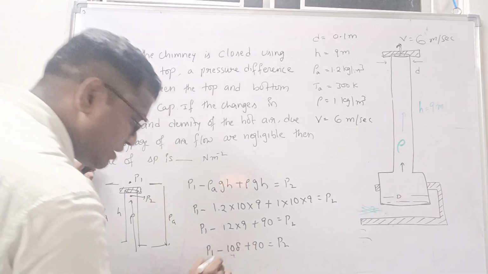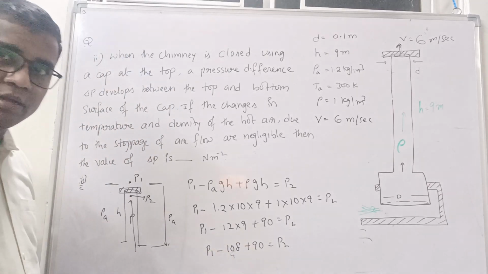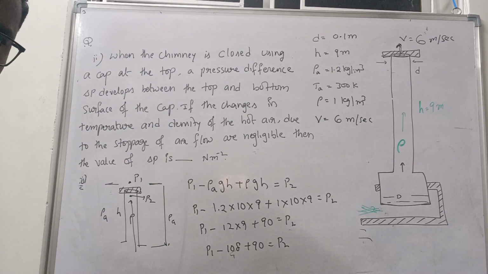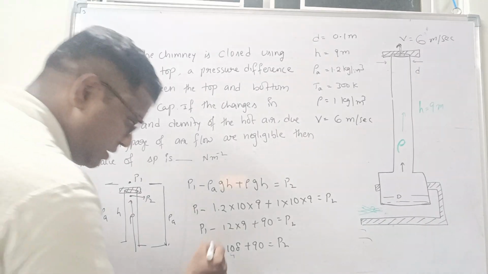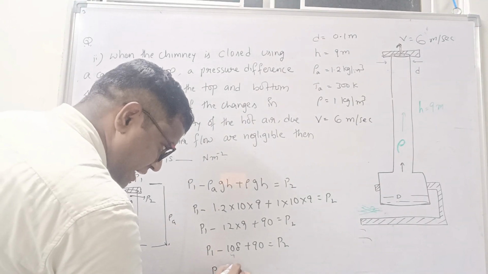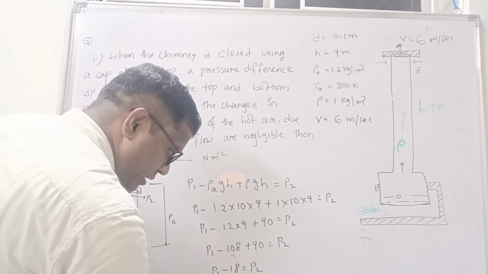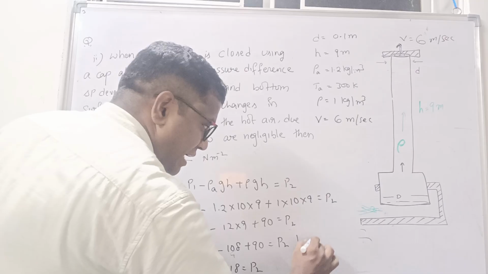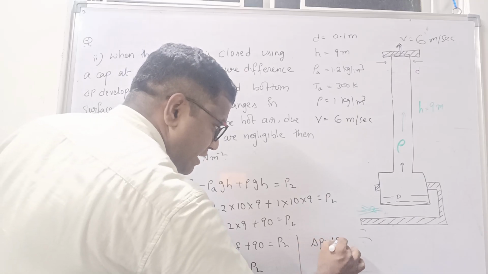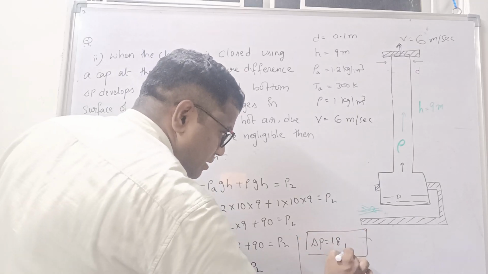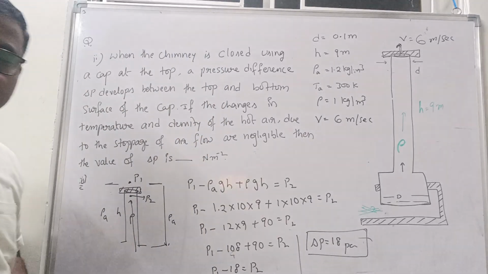So P1 minus 108 plus 90 is equal to P2. So here it is P1 minus 18, which is equal to P2. So P1 minus P2 is equal to 18. So delta P is equal to 18 pascals. This will be the answer, right?